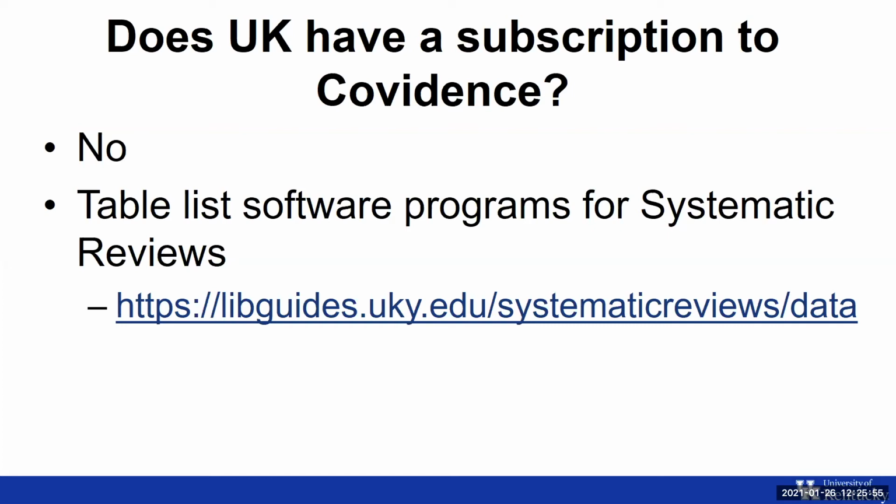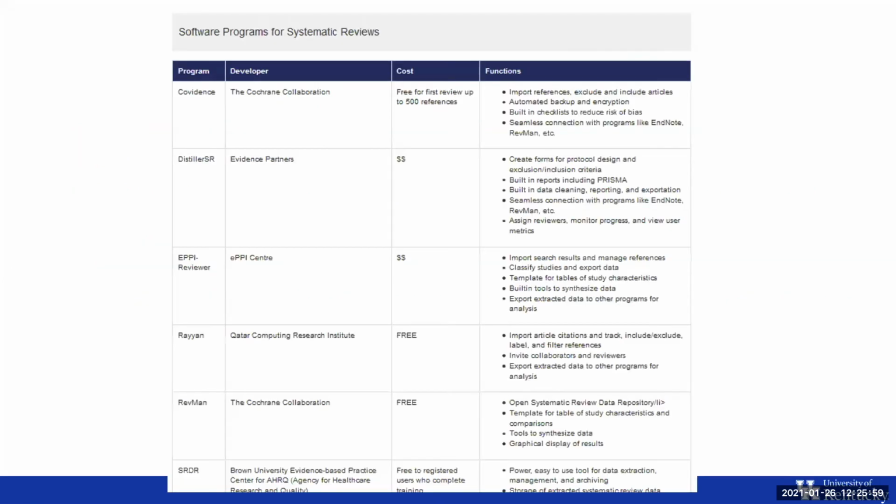There are other alternatives. EndNote is the one that we use most commonly because we do have access to EndNote across campus. There is a table on the systematic review guide that's also in your chat as a link. It goes through all the different products and whether or not they're free or if they do cost money. I have used Rayyan before. It's a free version. It actually is really good at blinding.